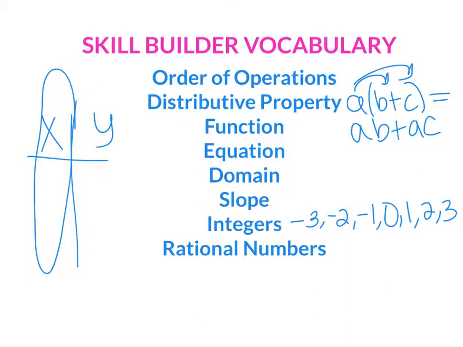And then finally, we have rational numbers. Rational numbers are numbers that can be expressed as the ratio of two integers and the denominator cannot equal 0.